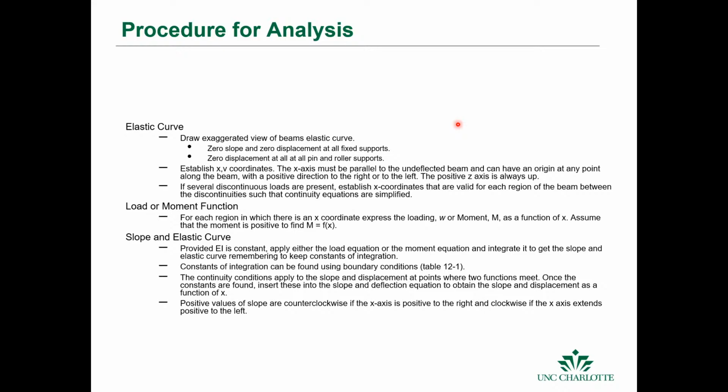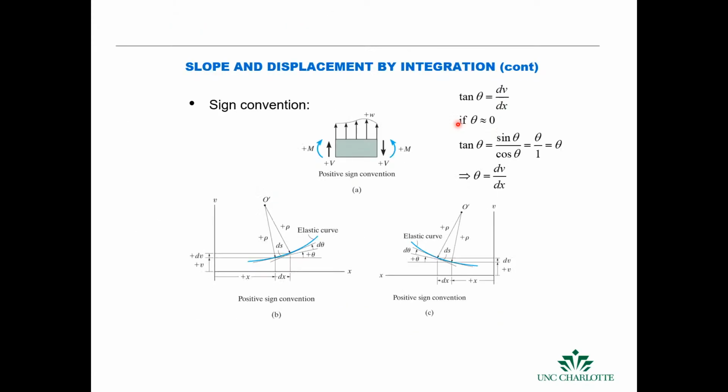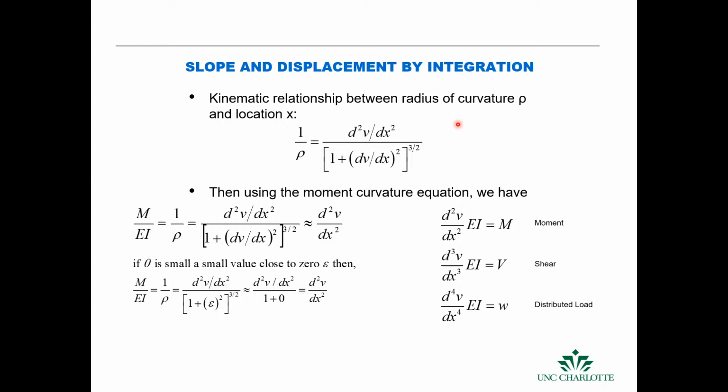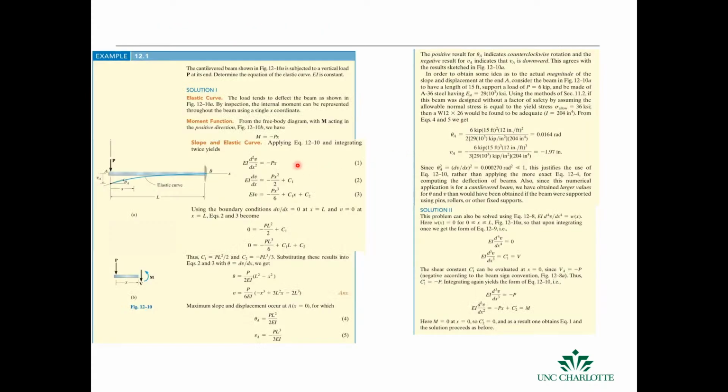So here's the procedure to get your elastic curve, load and moment functions, and then the slope of your curve. So we can use those loading equations that are here, for shear, distributed load, and moment. And in this case, this is our moment equation.